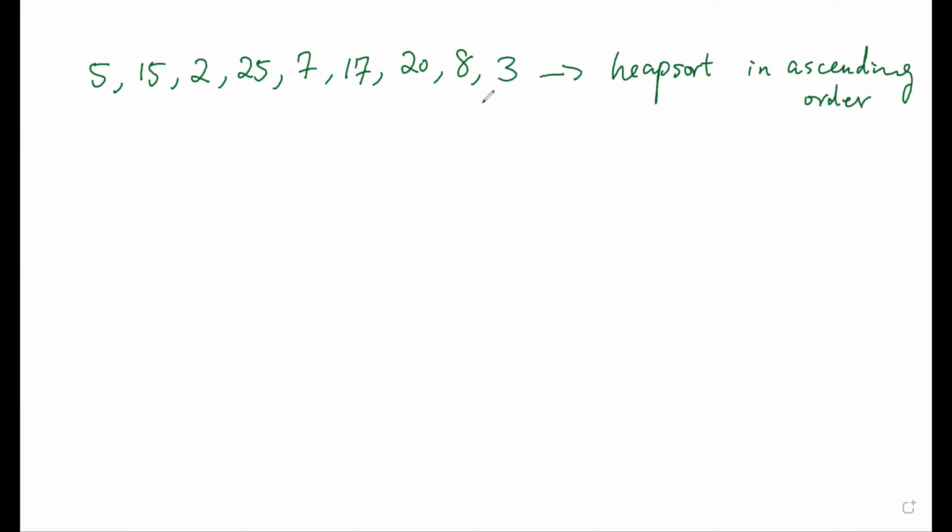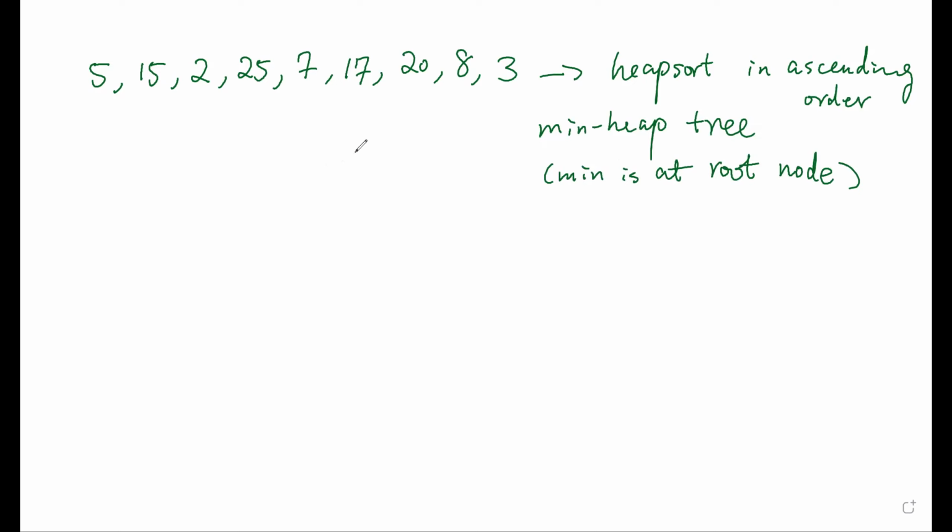Then the first step, you need to build the min heap tree. The min heap tree has the minimum number at the root node. So how do we do that?